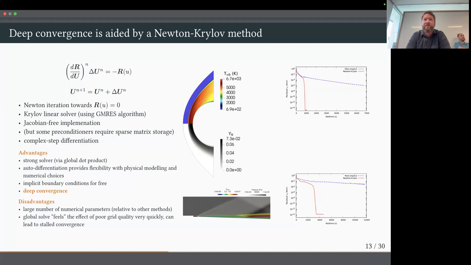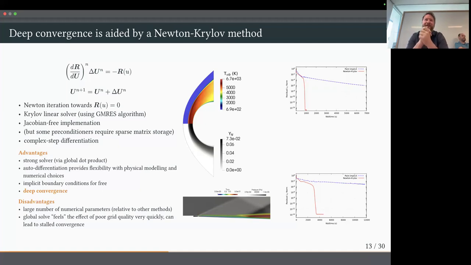But as just a general purpose steady state accelerator, we find it good, but there are some disadvantages. There are a large number of numerical parameters relative to some other methods. And the last disadvantage, I just kind of put that the global solve of this feels the effect of poor grid quality very, very quickly. This might be an advantage.